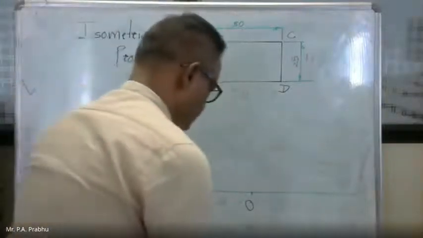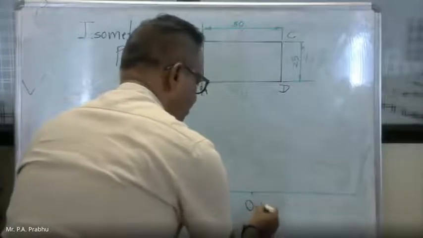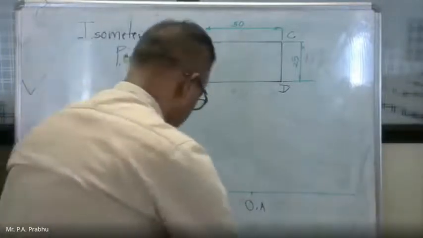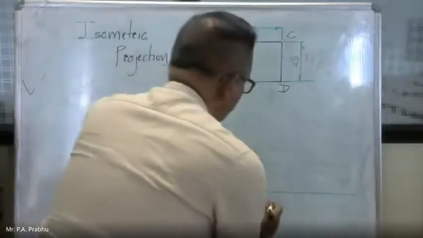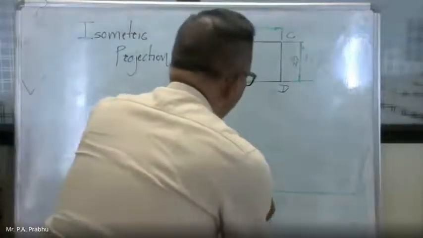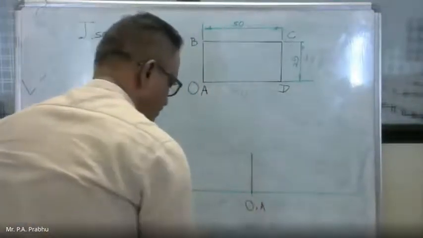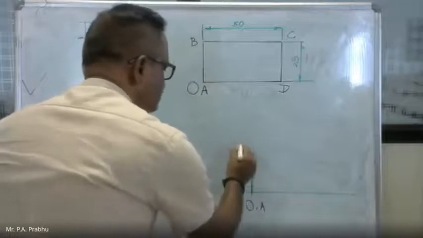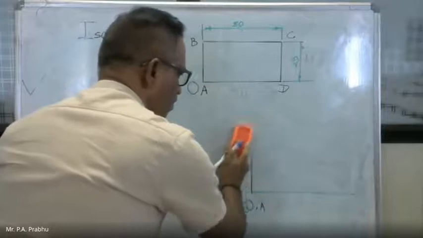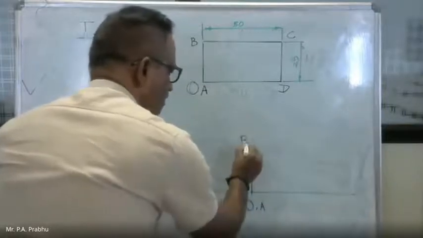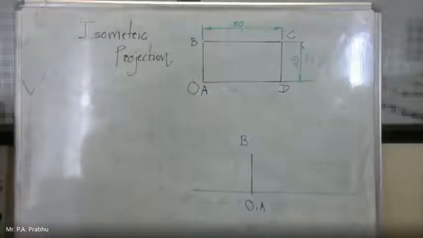So this point is our A, and this is this dimension B. The vertical dimension remains as it is.